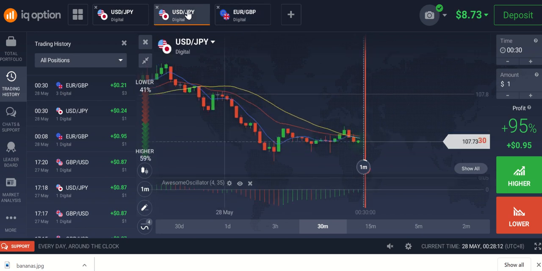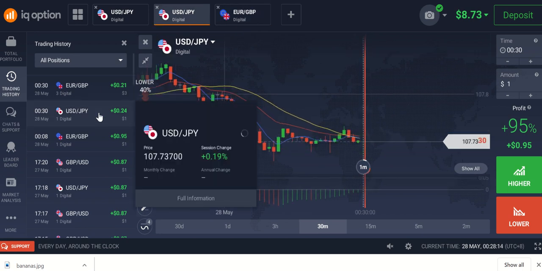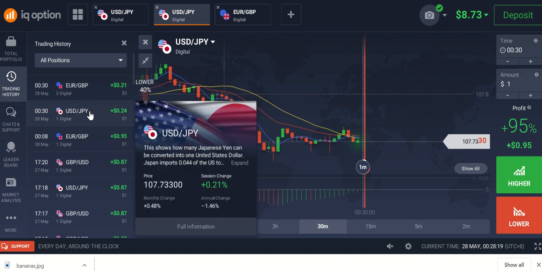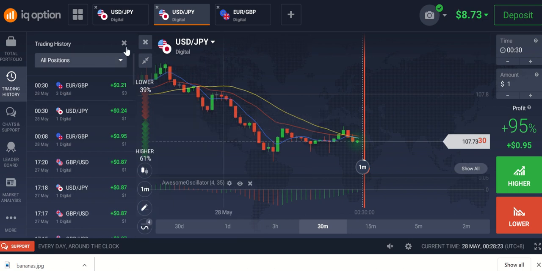Okay, total of 4 trades. 21 cents and 24 cents. 4 trades.